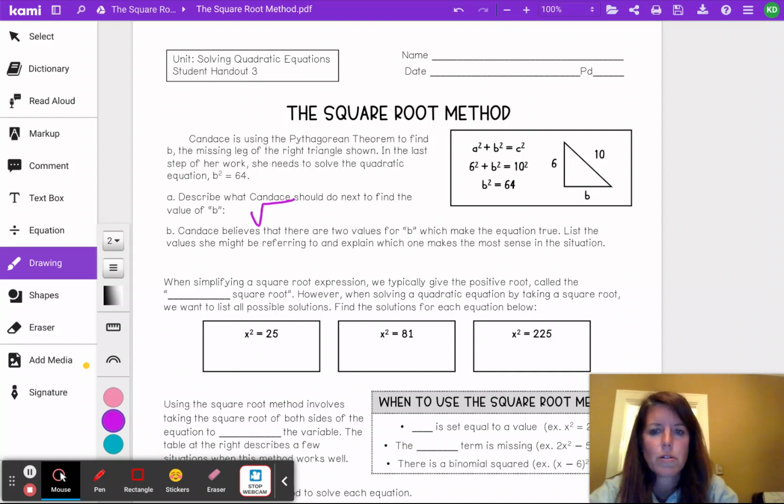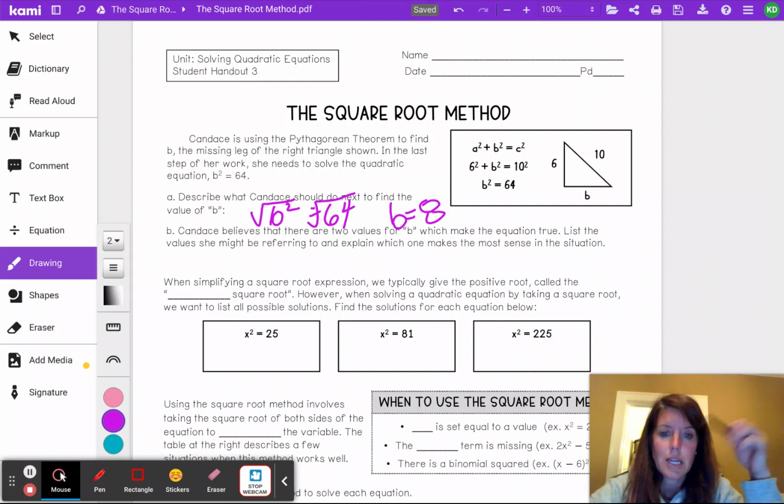Let me write it out. b squared equals 64. Take the square root of both sides. So b equals 8. But Candace thinks that there are two values for b which make the equation true. She is absolutely right, because some of you might be saying in your head, Miss Flick, -8 times -8 is positive 64.